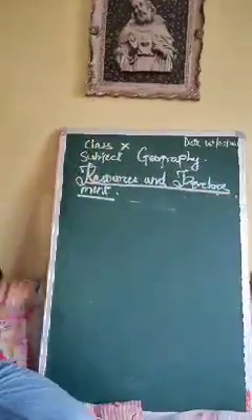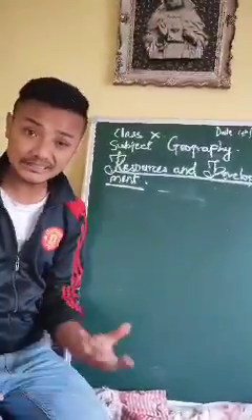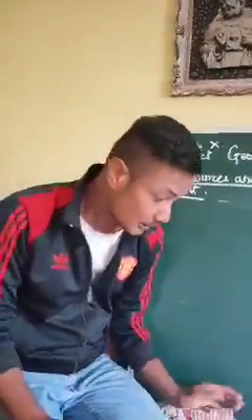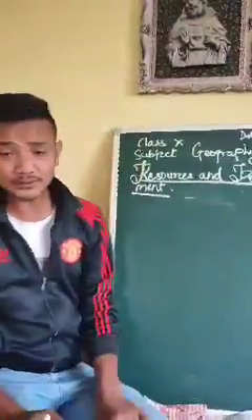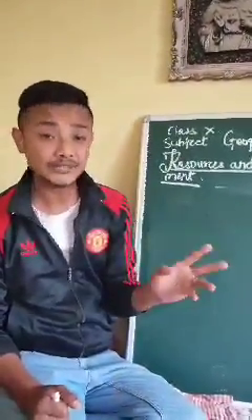So students, as I've told you earlier, first we are going to do some of the easier chapters, then we will go to some of the chapters which are complicated. But always remember that from this chapter, most of the time there will be a few questions in your CBSE.